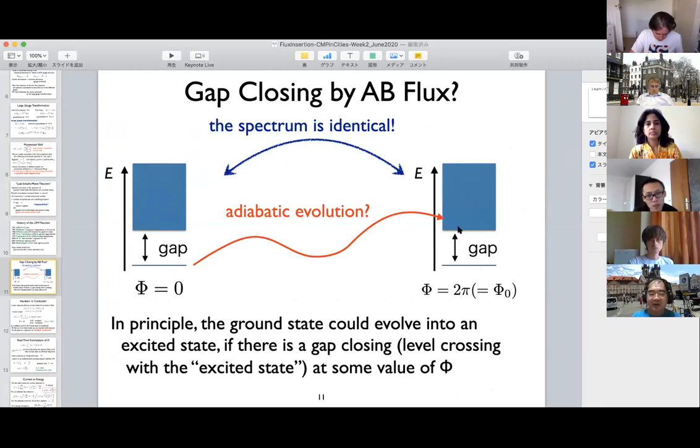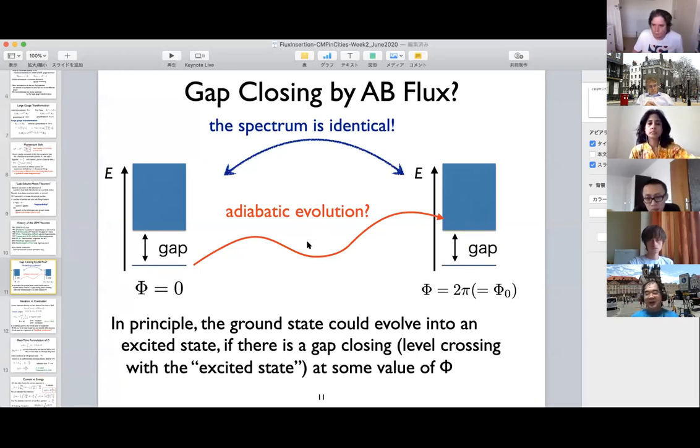So after insertion of 2 pi flux, the spectrum must be identical to the 0 flux. But as I mentioned, in principle, by adiabatic evolution, the ground state might end up somewhere in the excited states, in which case you must have a gap closing or level crossing between excited states and the ground state. But yeah, the last question is related to this.